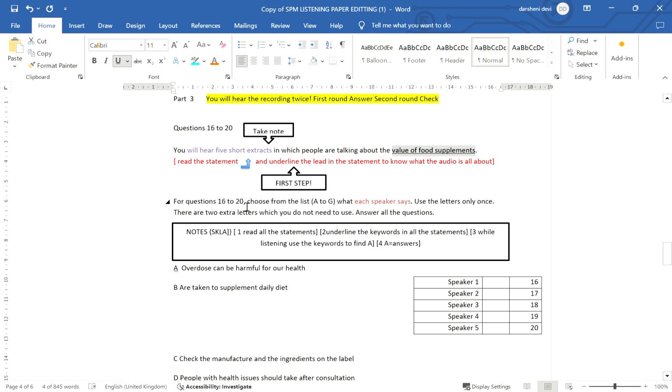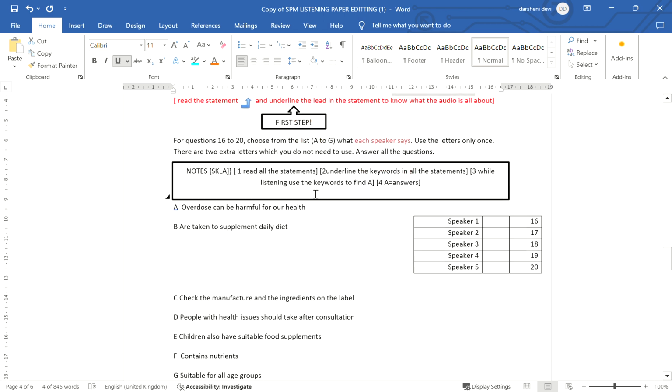For question 16 to 20, choose from the list what each speaker says. So you need to see the statements here and then identify which speaker said the given statement. Okay, and then just write the alphabet A to G over here.